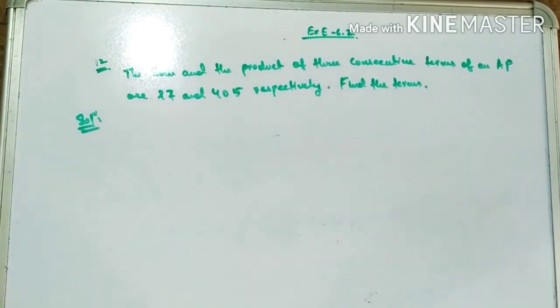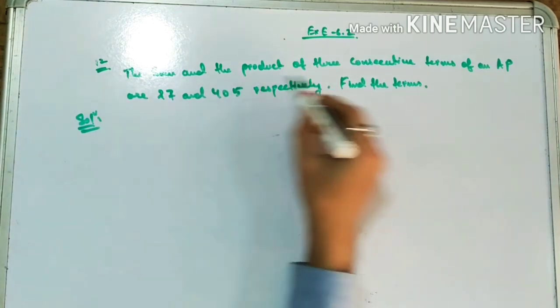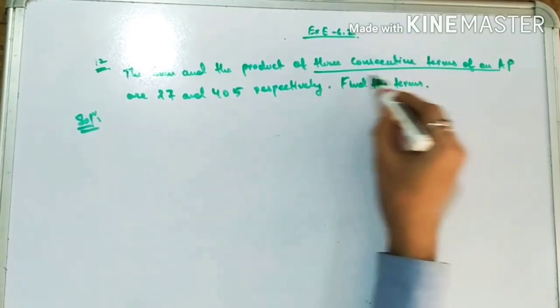Find the terms. So now in here you see the sum and product of three consecutive terms of an AP.